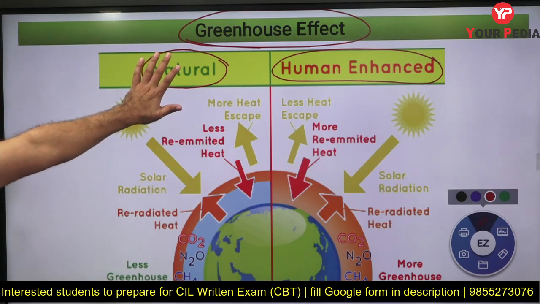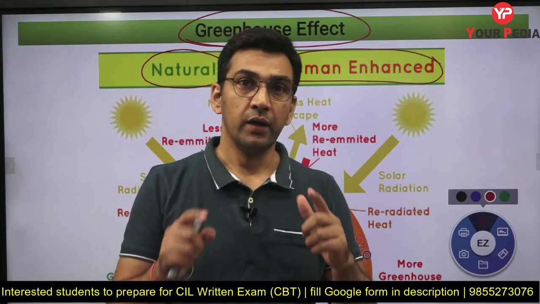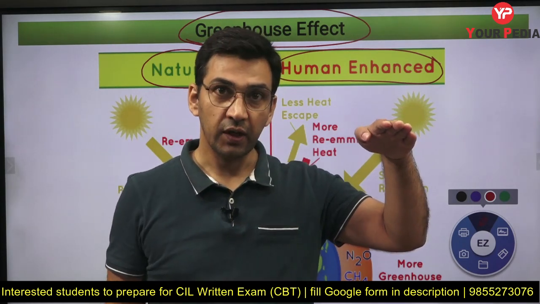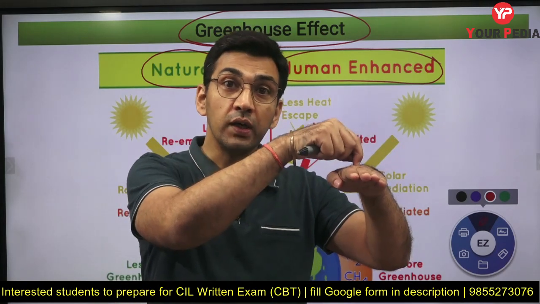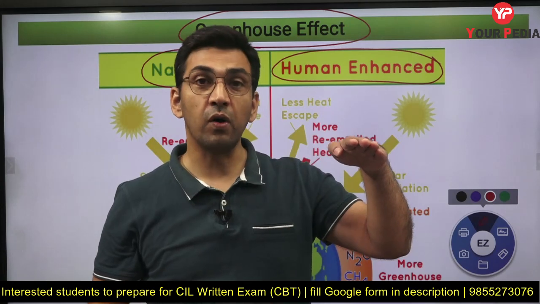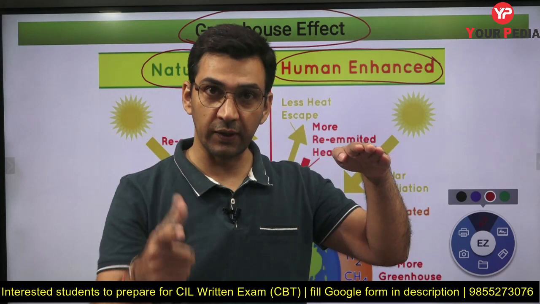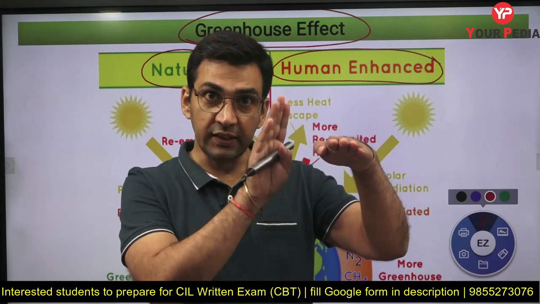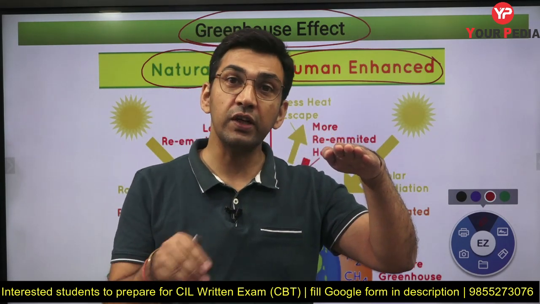In the natural greenhouse effect, why do we call them greenhouse gases? We said that these gases behave the same as the glass, right? So what are these gases going to do? These gases are going to allow radiations to come onto the surface of the Earth. Which radiations? For example, infrared radiation, visible light, or maybe some portion of UV radiation also. When greenhouse gases allow those radiations to come to the surface of the Earth, they will heat that surface.